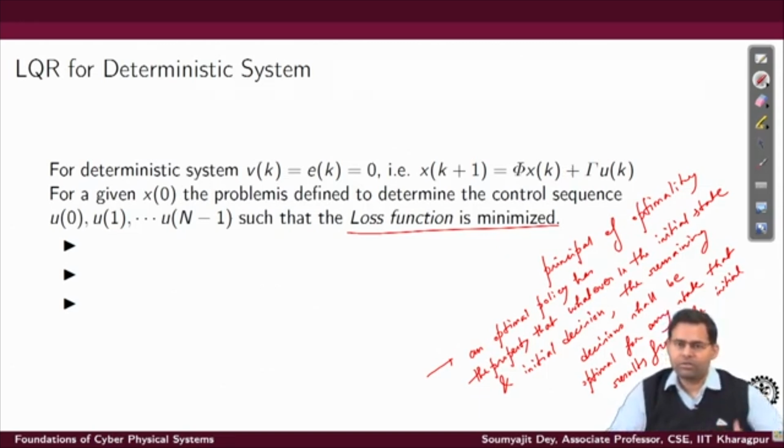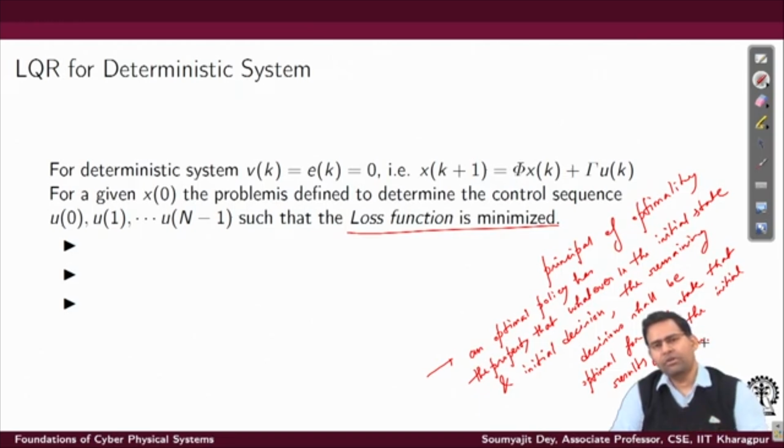It means that whatever I choose now is something that, wherever I land up, from that position, whatever are my future actions, those are also optimal. Let's again understand that whatever I choose now as an action is not only optimal for this interval, it is also optimal for future intervals.